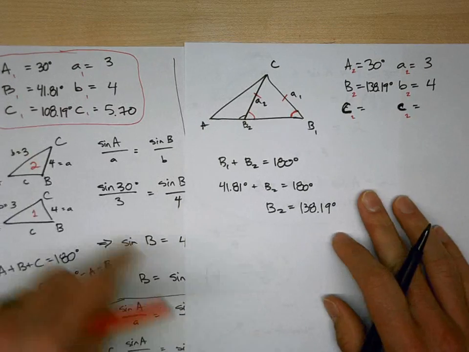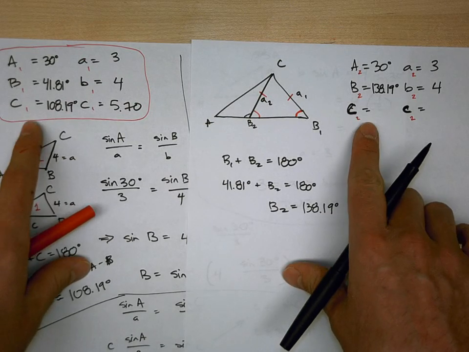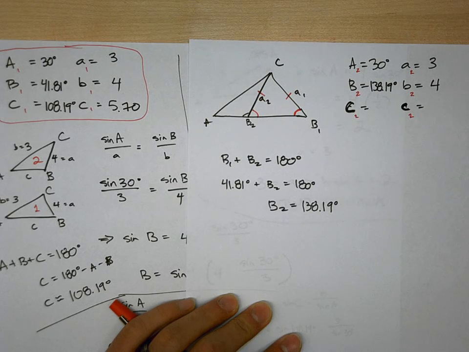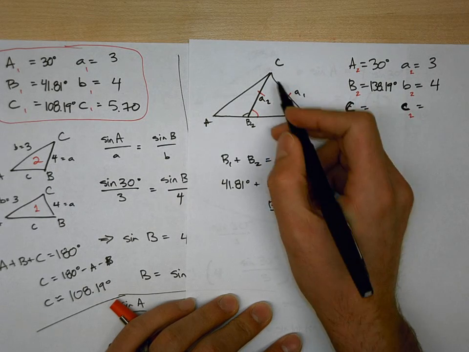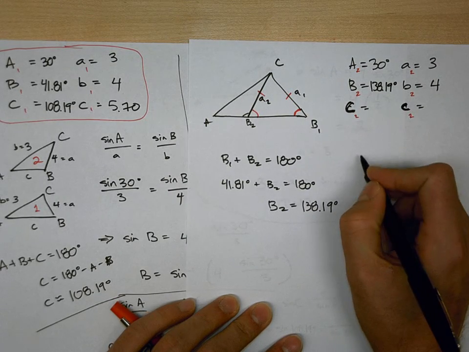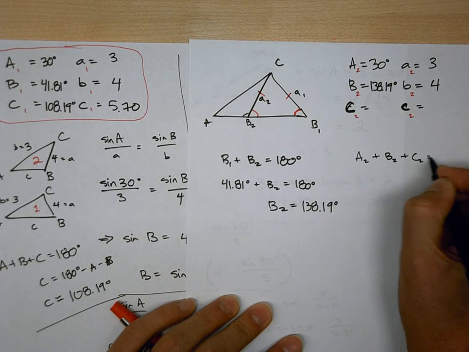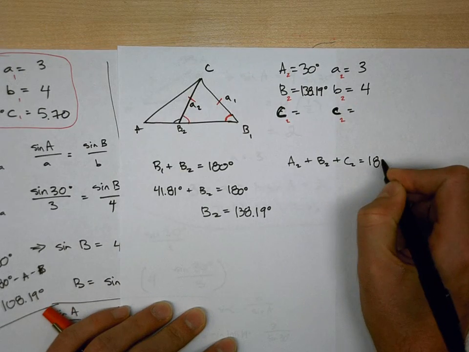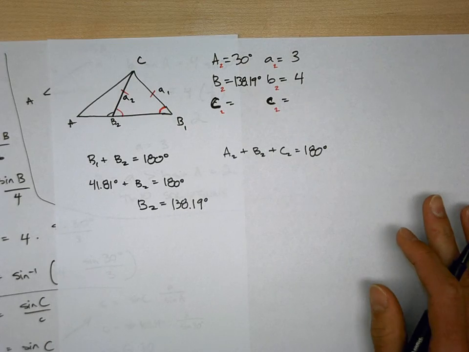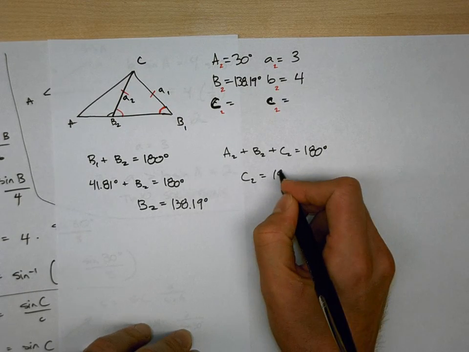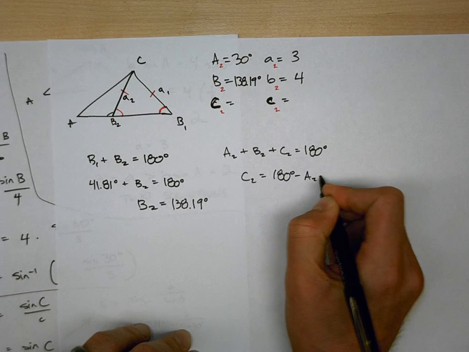Well, we're kind of back where we were when we needed to find this angle. So let's go ahead and do that. To find angle little c2, it's going to be a tiny angle. We have a2 plus b2 plus c2 equals 180 degrees. So c2 is equal to 180 minus a2 minus b2.